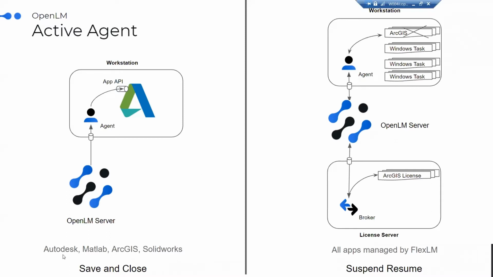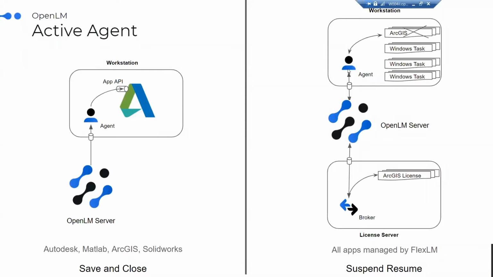But let's say that it's not one of these applications. So we have another option for other types of applications which use FlexLM. For that, we have suspend resume. What basically happens here?